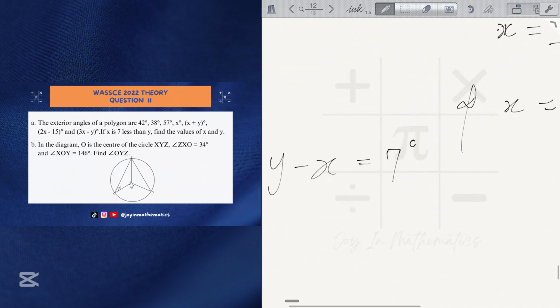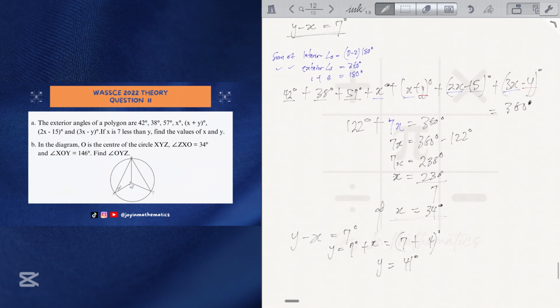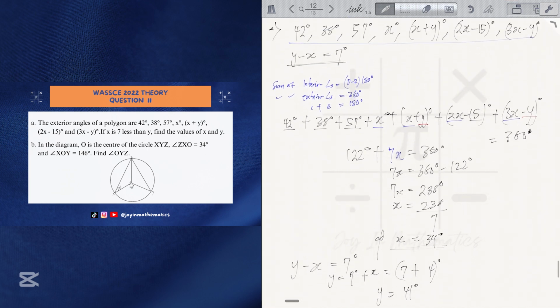So y will be equal to 7 degrees plus x. So this is 7 plus 34, everything in degrees, and we'll have y equal to 41 degrees. y is 41 degrees, x is 34 degrees. So we have solved the A part of the question.